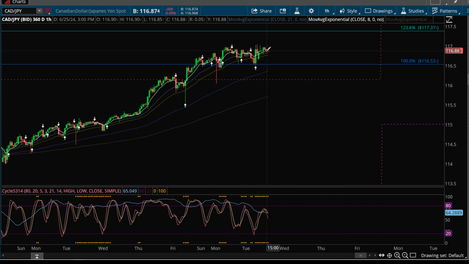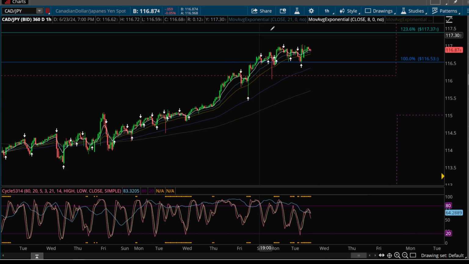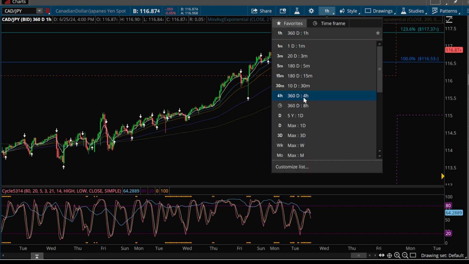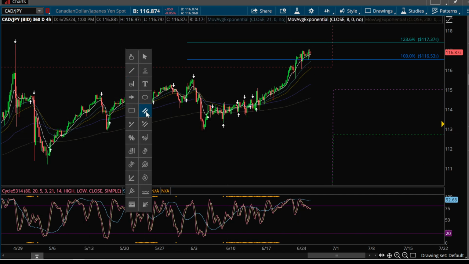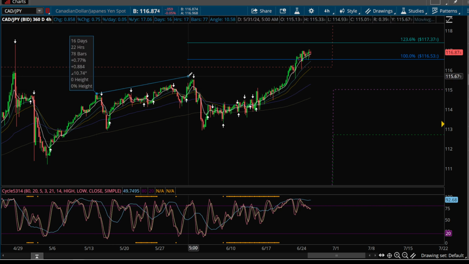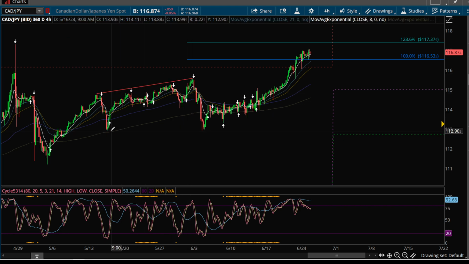I'm half tempted to enter this thing now because we're running out of steam here on the 1-hour chart in between the 100 and the 123.6 of this ABC. So you're running out of steam on the 1 hour, and you're up at your quarterly R2, and this thing's been above the 4-hour 8 for a while.